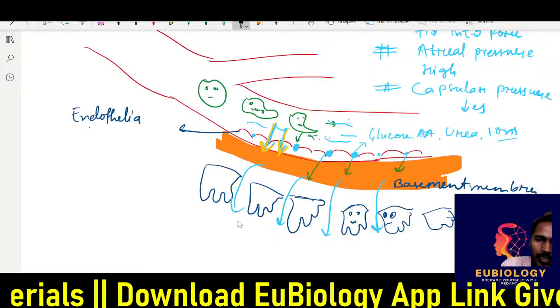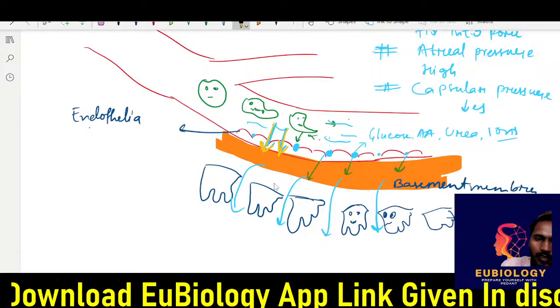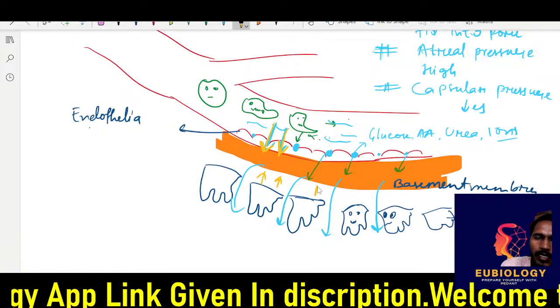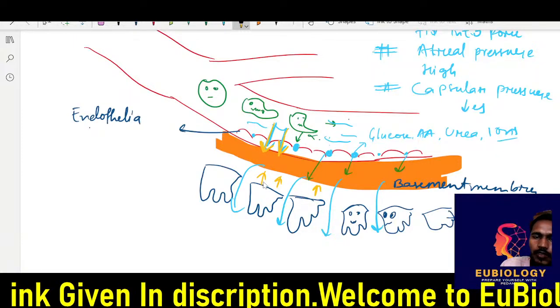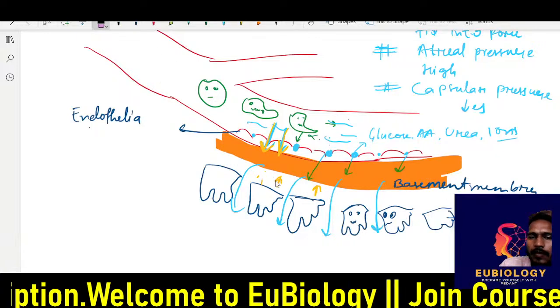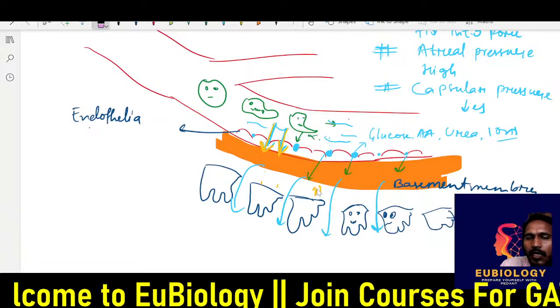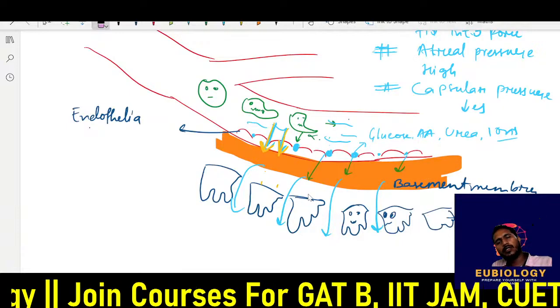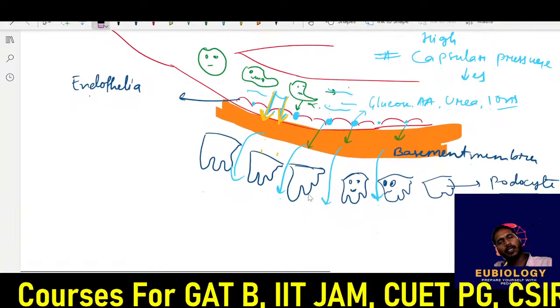And the pressure coming from the opposite side, the capsular pressure, should be lower. Then only can the solid particle enter into this. Got it? This is the important thing.